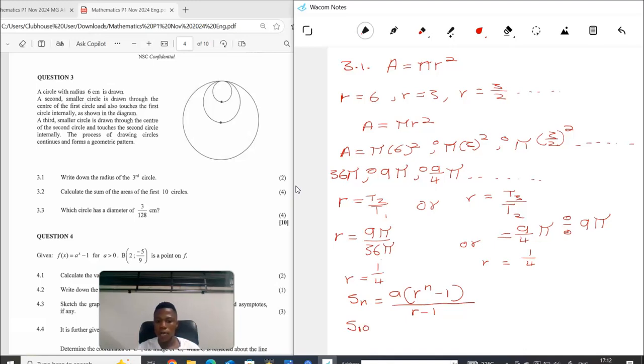Your a is 36 pi, with 1 over 4 to the exponent 10 minus 1, divided by 1 over 4 minus 1. Therefore, the sum of the areas of the 10 circles will be equal to, punch the whole thing into your calculator.